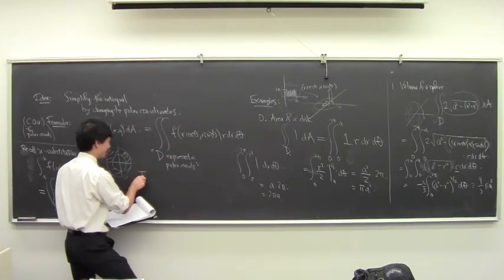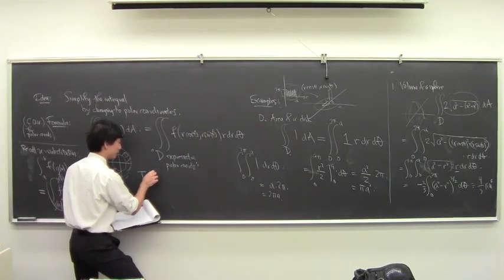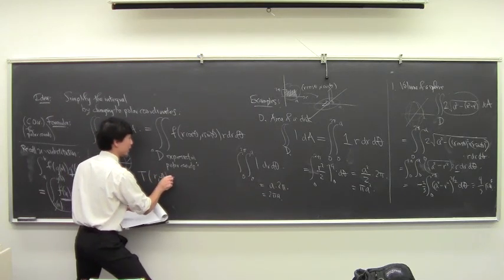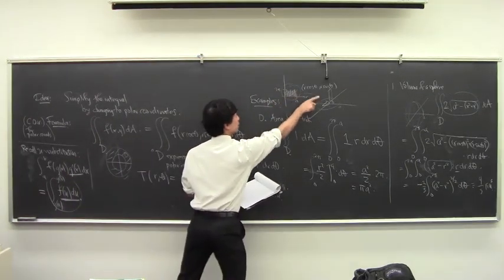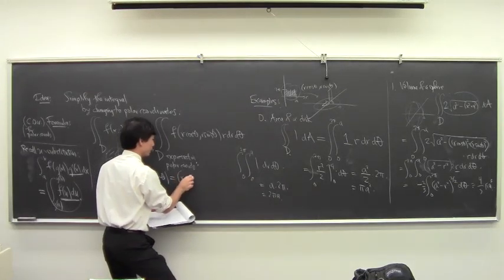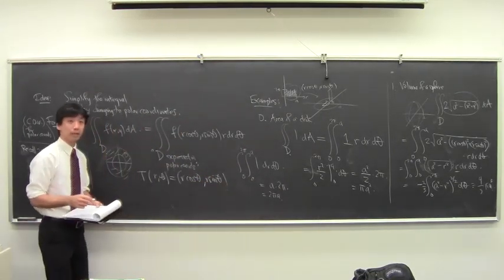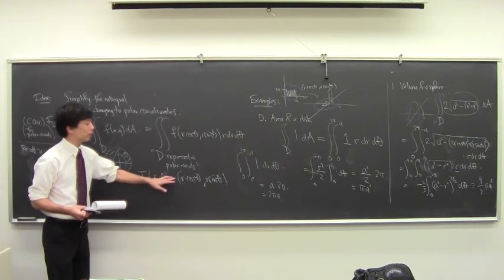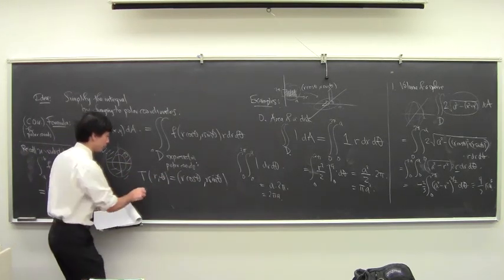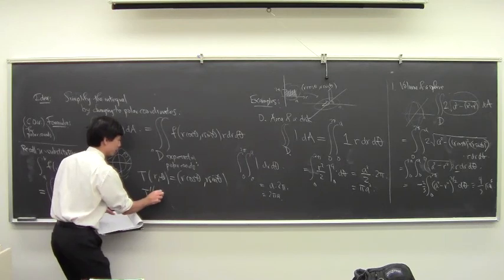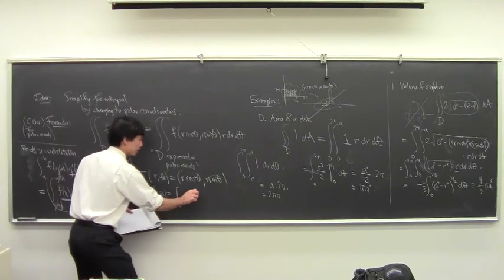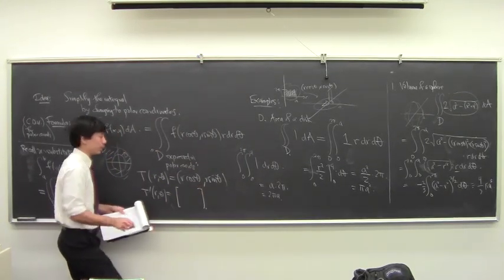If we look at the transformation, it goes from r, theta to r cosine theta, r sine theta. If we take the derivative of that, that's a matrix.